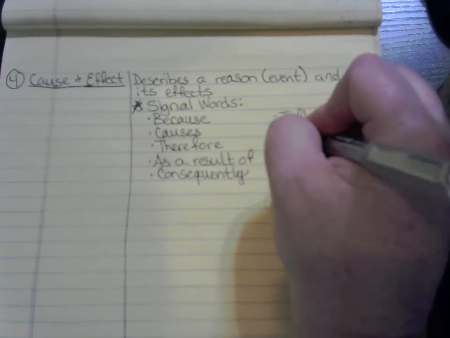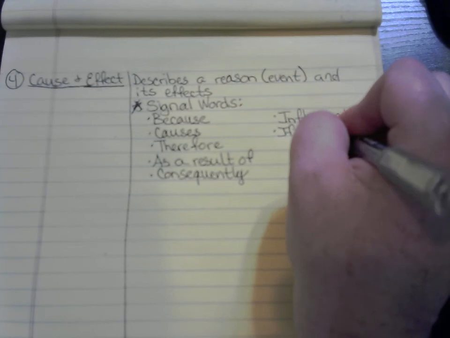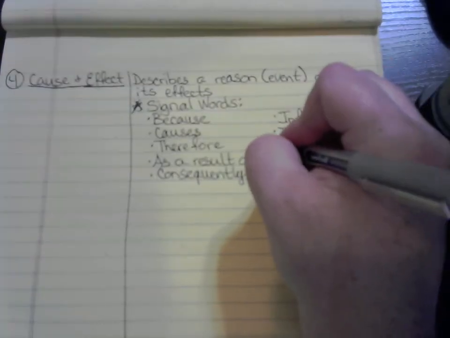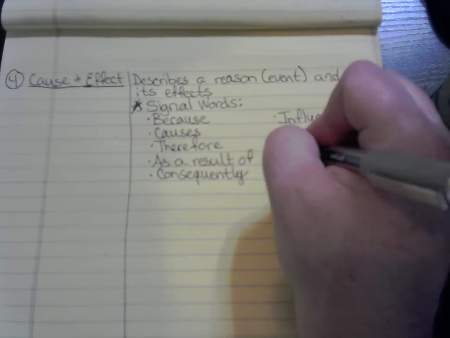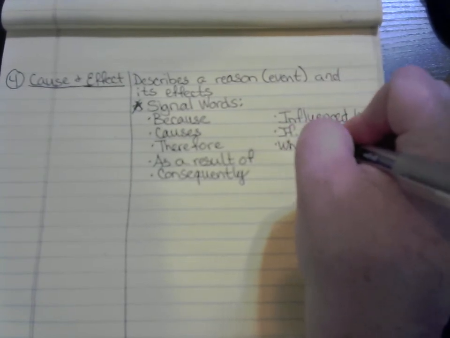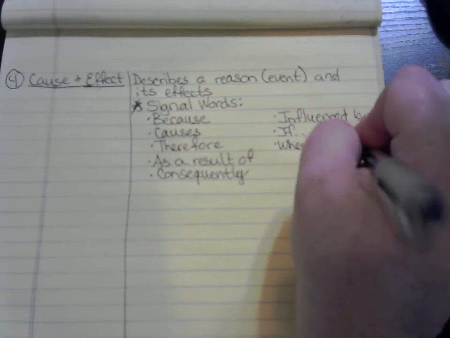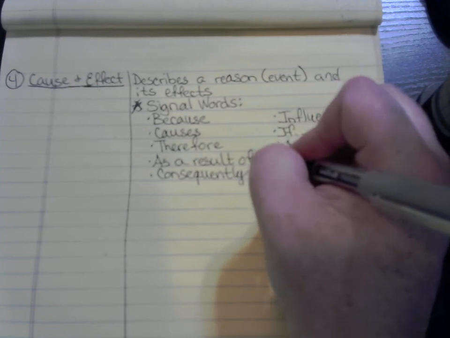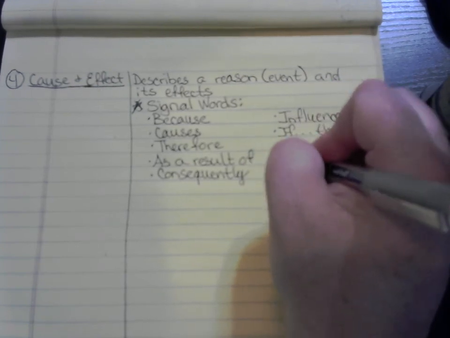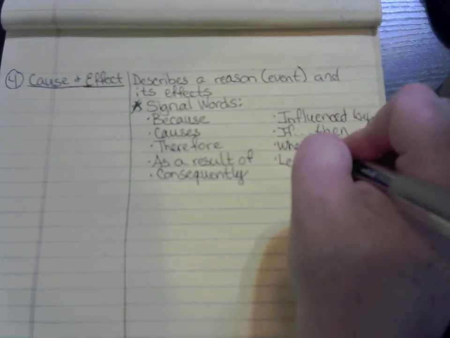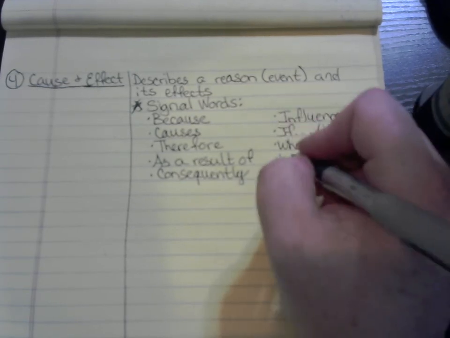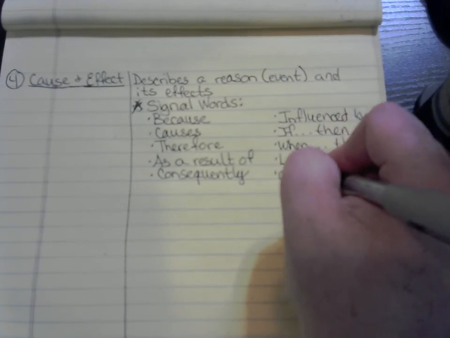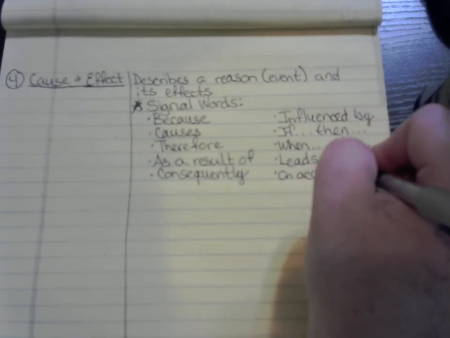and then let's talk about our if-then statements. If, then, then we can have a when something happens, then something else happens, leads to, on account of.